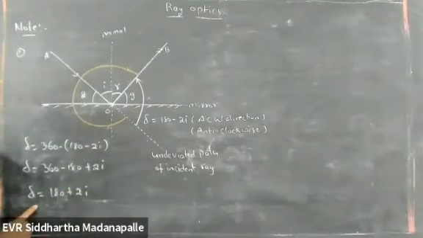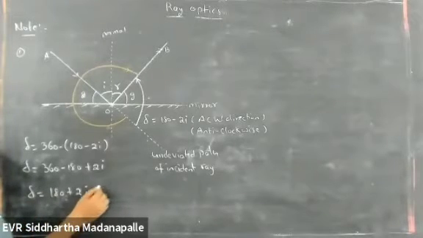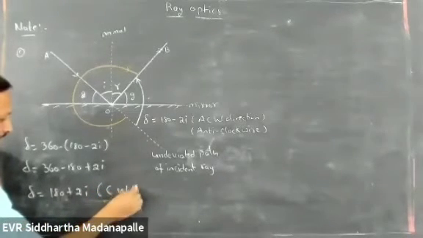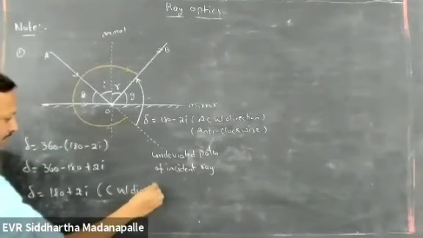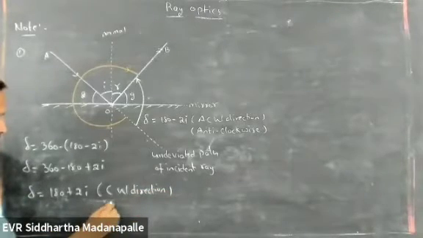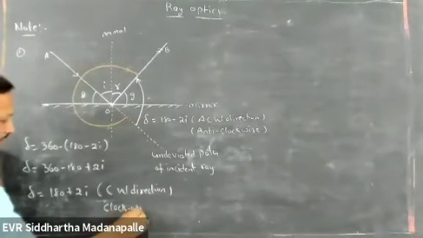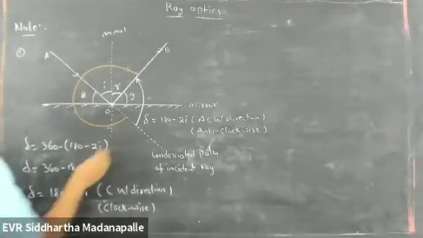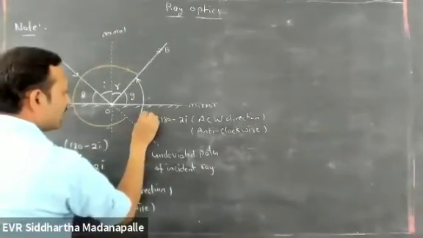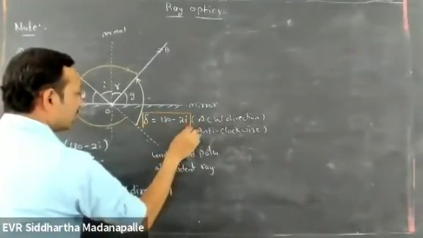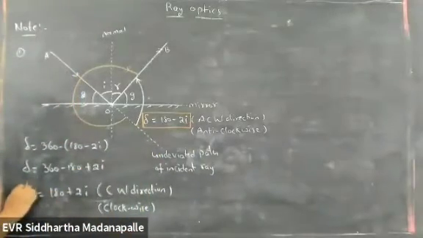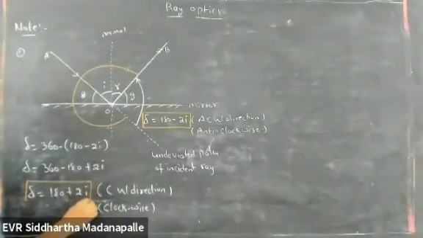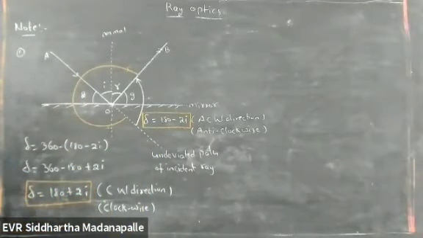So this is the angle of deviation in the clockwise direction. So you have to remember these formulas: the angle of deviation in the anti-clockwise direction and the angle of deviation in the clockwise direction. Right?